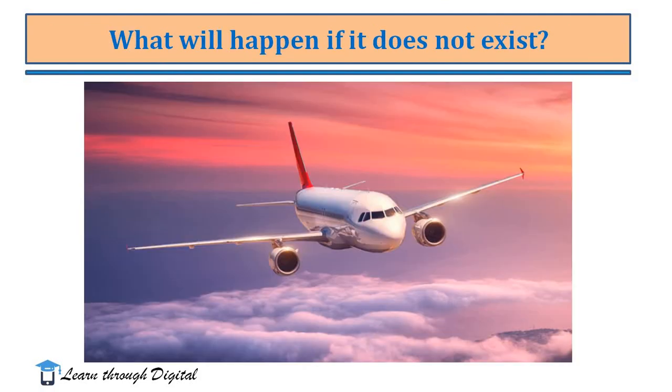What will happen if it does not exist? Now imagine what if coordinate system does not exist. Pilots, aircraft controllers, passengers in the flight, persons waiting for the flight, all will not be able to get the location or position of the aircraft. This will also definitely increase the chances of aircraft crashes.